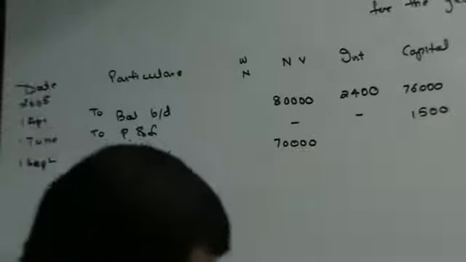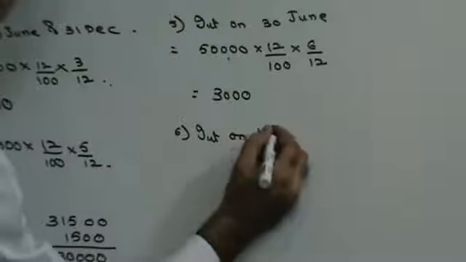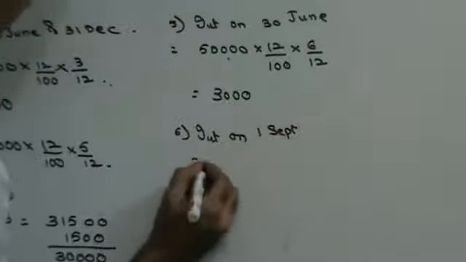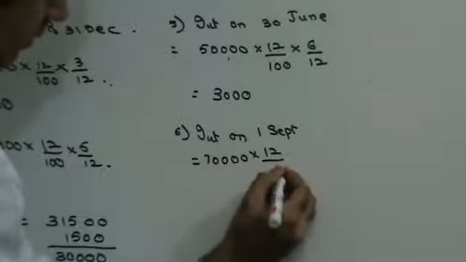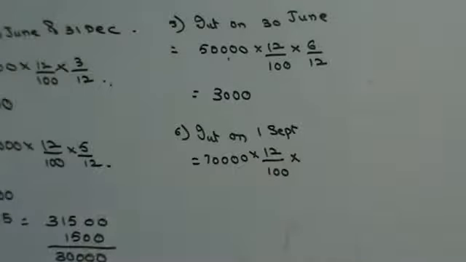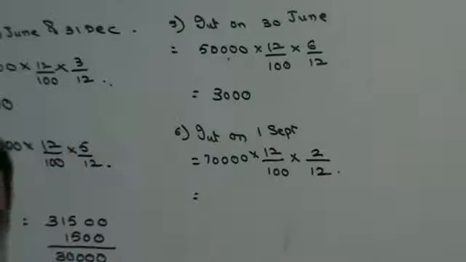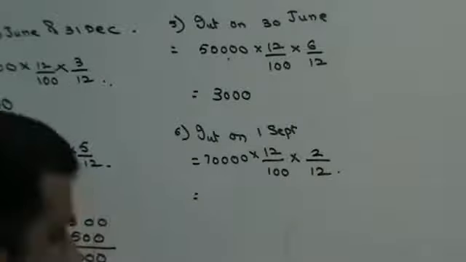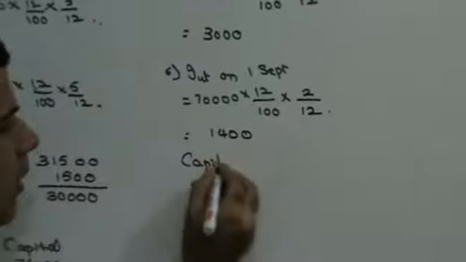Let's calculate the interest on 1st September. 70,000, these are 12% debentures. Closest previous date: you just finished paying interest on 30th June. So July, August, and this is 1st September, so 2 months. Someone please help me calculate this. How much is this going to be? 1,400.